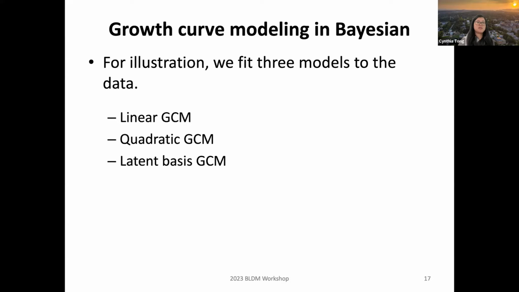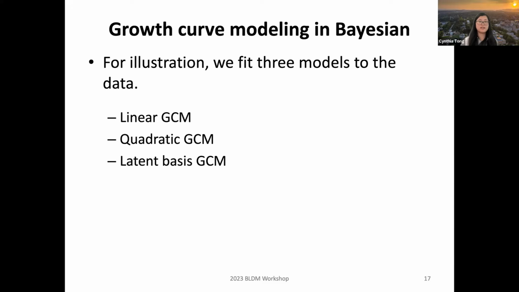And in the lab part for illustration, we're going to fit 3 models to the data: the linear growth curve model, quadratic growth curve model, and latent basis growth curve model. Because of the time limit of this workshop, I assume that you're already familiar with R and you can easily read R and JAGS code.